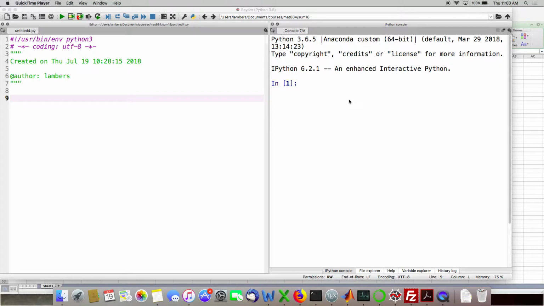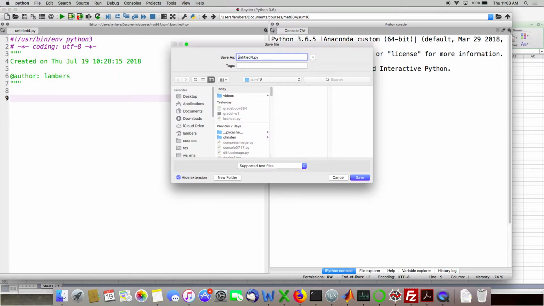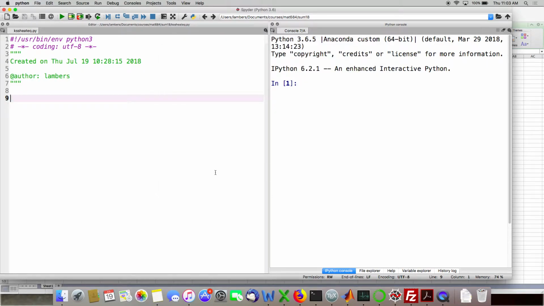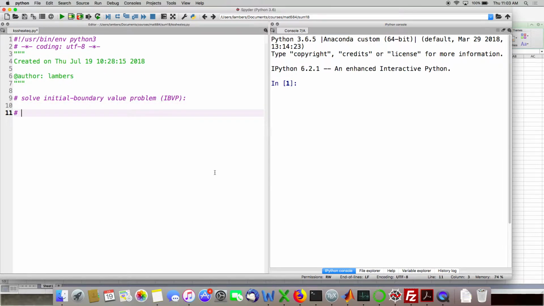All right. So what I'm going to show you today, I'm going to save this file here, is going to solve the initial boundary value problem, or IBVP, and it's going to be a rather simple one, the heat equation.